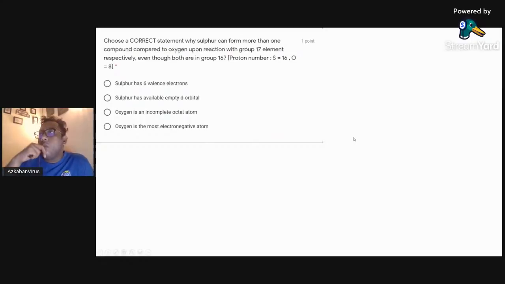Choose the correct statement why sulfur can form more than one compound compared to oxygen. Yes, correct Natalie. Sulfur is in period 3 and above.